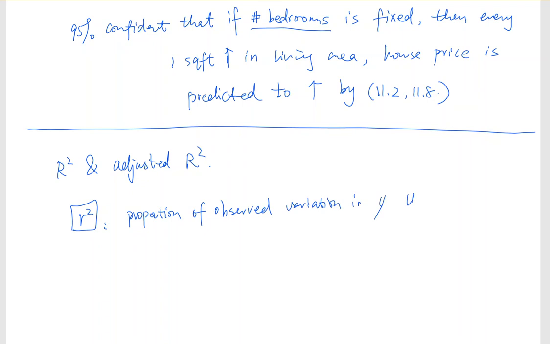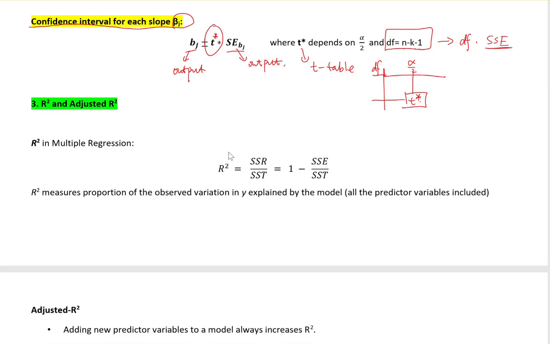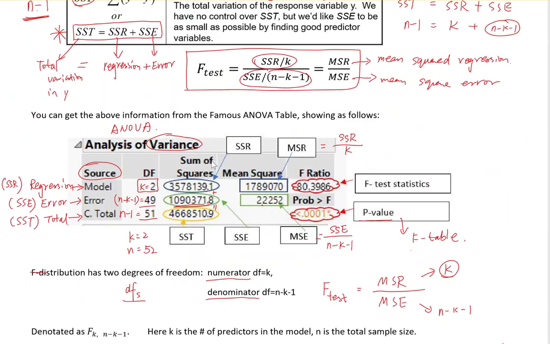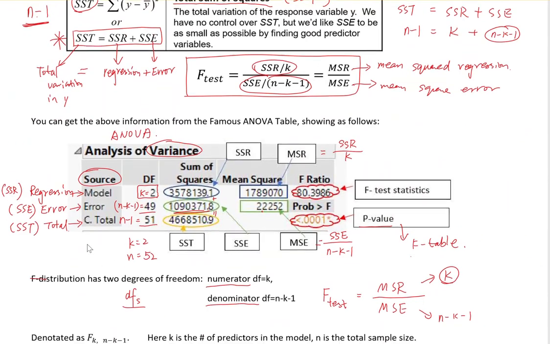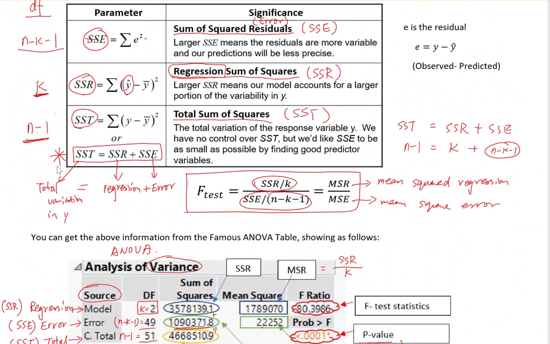in Y that can be accounted for by the regression, or by X. Just like what I said here, when we talk about the ANOVA table, SST is the total variation in Y. SSR is the variation that can be accounted for by the regression.